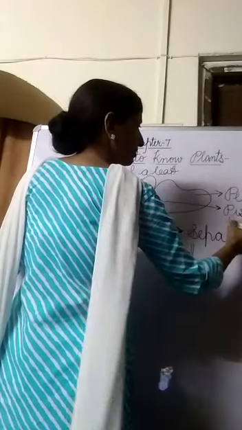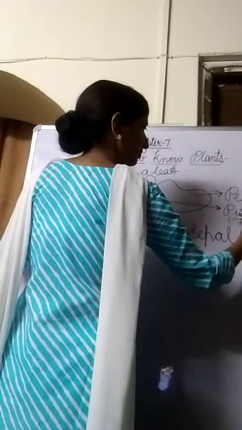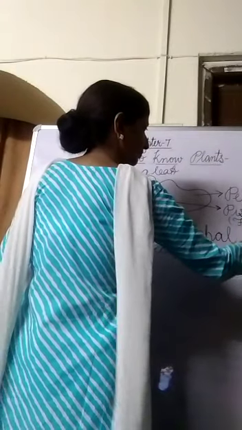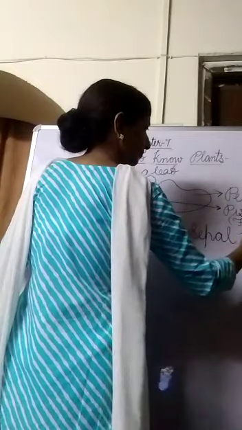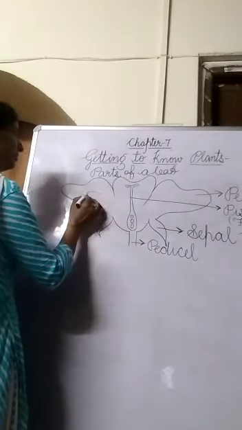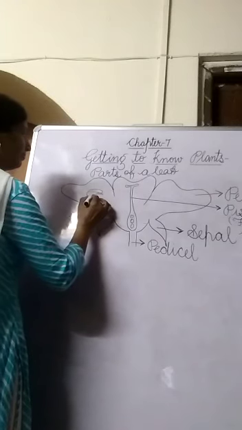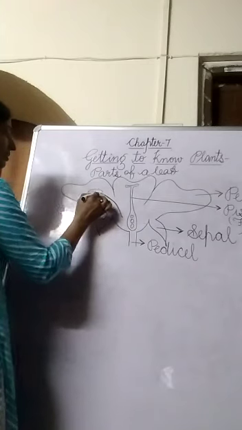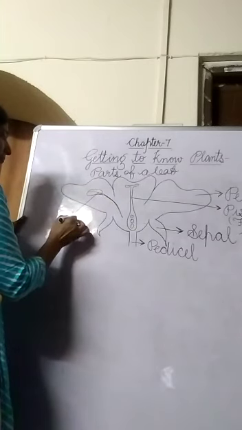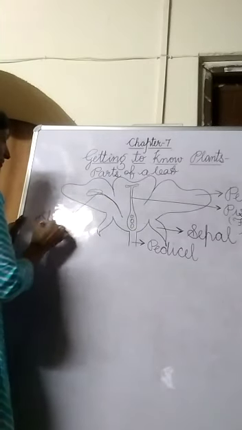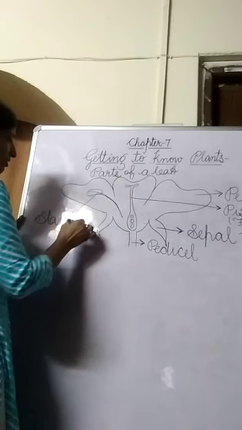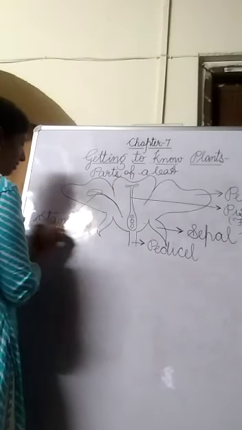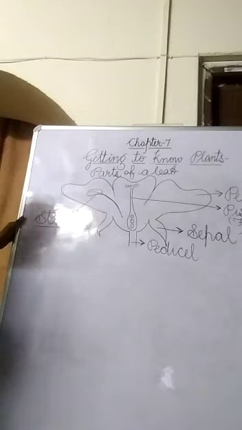The female part of a flower is called pistil. And the male part of a flower is called stamen. Stamen is the male part of a flower.